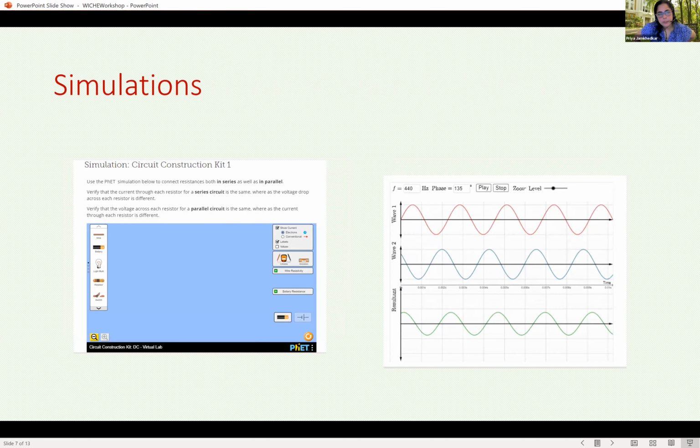This slide is showing you simulations. On the left, there is a PhET simulation. PhET simulations are really common, developed by the University of Colorado, and they are very popular in physics.